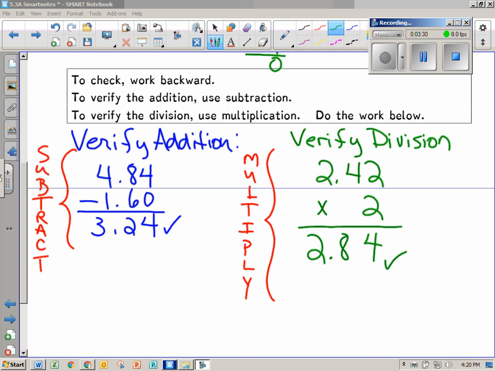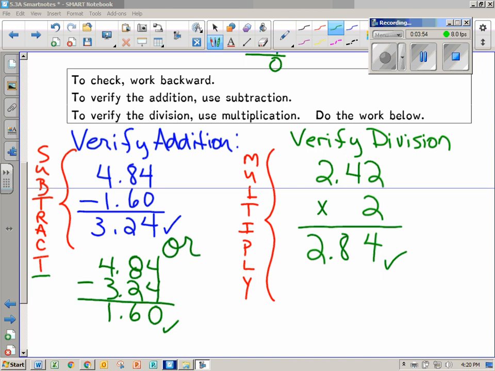Well, you may have organized your work a little bit differently. I just separated it into 2 columns. I'm verifying my addition by subtracting. It worked. Again, I could have subtracted the other number, and you could have also done this and shown that the result was 1.6.